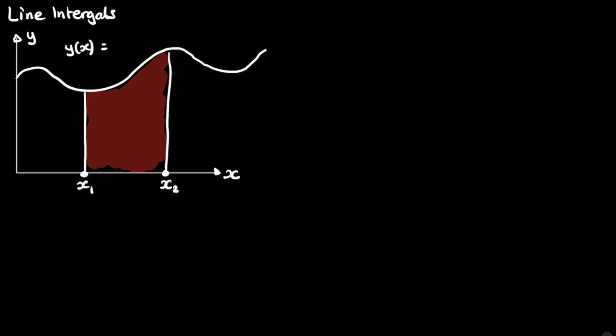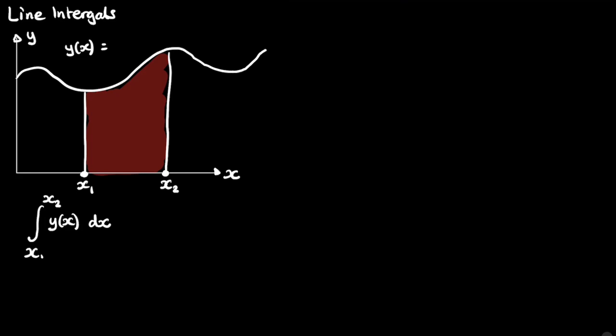And the way we do that is by integration. So to find the area, we simply do the integral between x1 and x2 of the function y of x in between these two limits, and we integrate it with respect to dx. So that is the area of that curve.